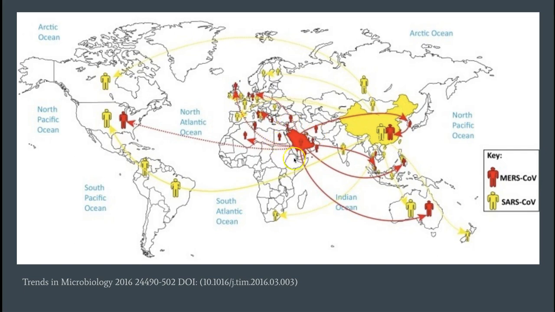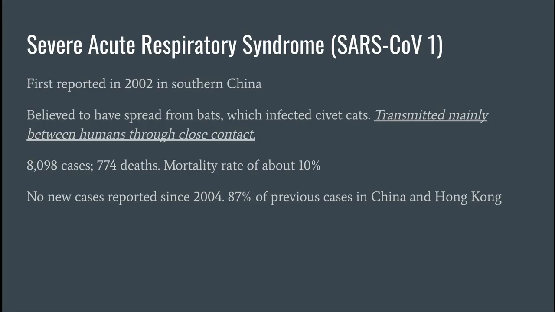In September 2012, in Saudi Arabia, MERS started originating. It was identified as a second coronavirus with zoonotic transmission. And then researchers started initiating studies of MERS. As a review, SARS was first reported in 2002.